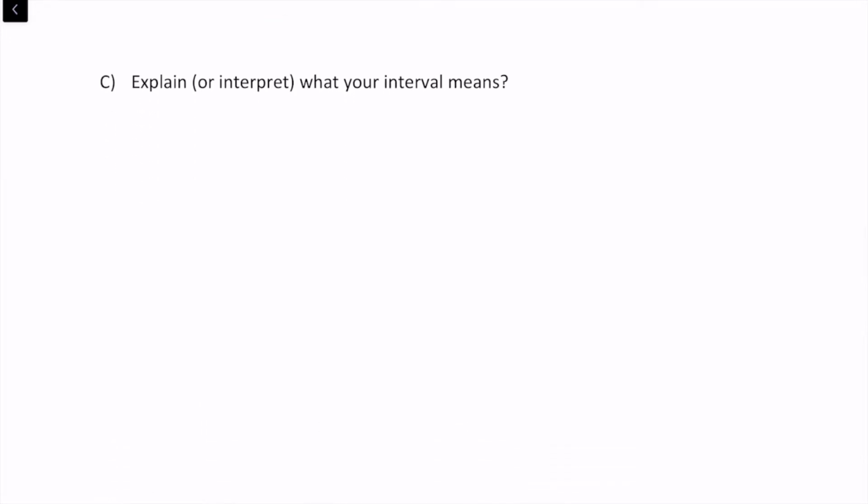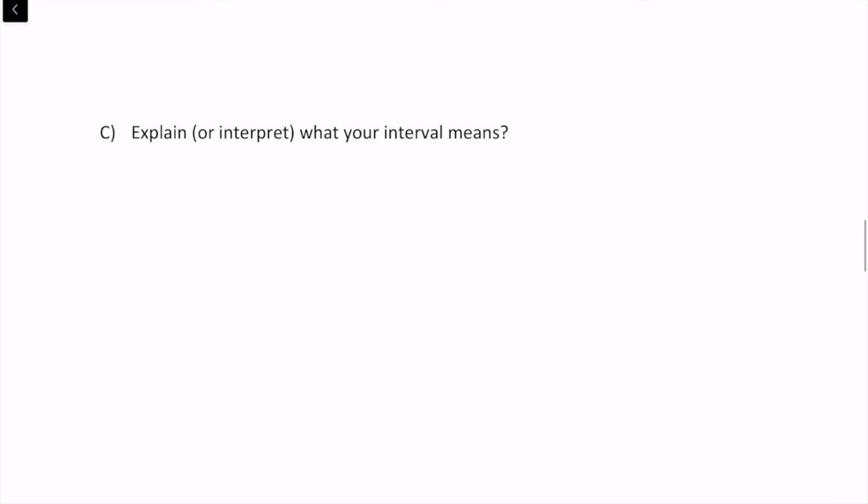Explain or interpret what your interval means. What's the interpretation here? This is kind of the standard way that we interpret confidence intervals.